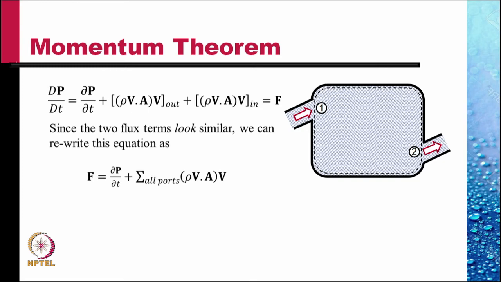And so we can write F, the net external force applied, equal to the rate of accumulation of the momentum within the control volume plus the net efflux of momentum from all the ports of the control volume.